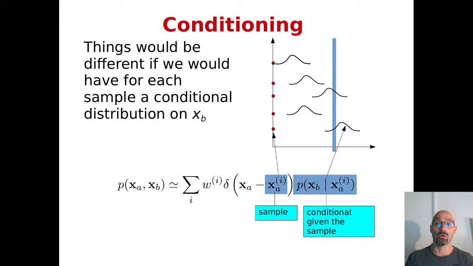Now, if I have a distribution in this way and I apply conditioning on the variable xb, then slicing it might make sense. I could evaluate this value for this xb, which is attached to this sample xa, and I could evaluate this value for this xb, attached to this sample over here, while it will have 0 elements.